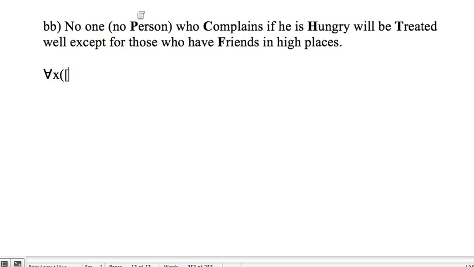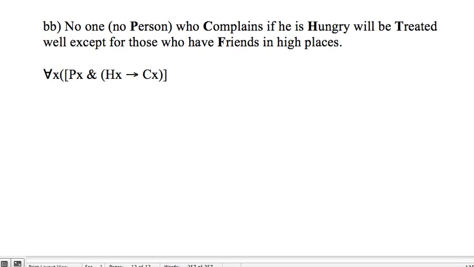What class? People who complain if hungry. So if you're in the class of people who complain if hungry, you're what this sentence is about. To be in the subject class, you have to be a person, and if hungry, then you complain. That's the class that the sentence is about.